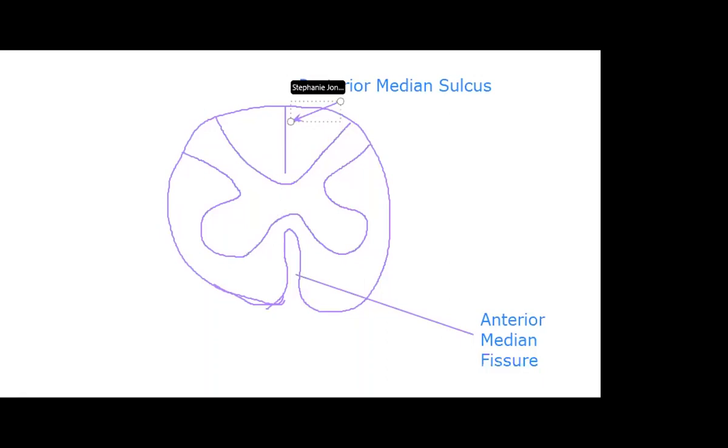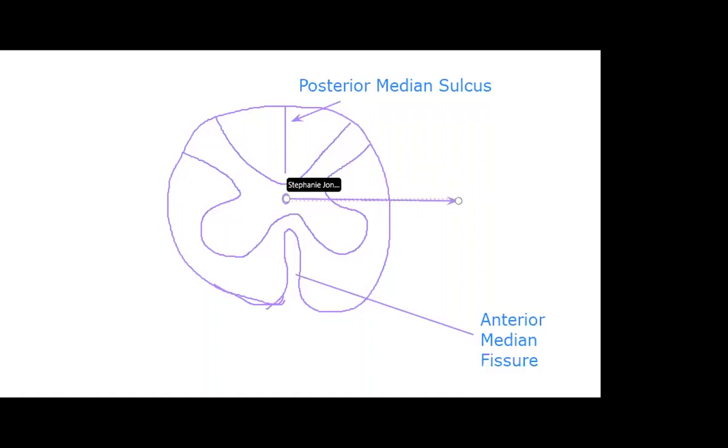Okay. Then we want to put a little circle right in the center of the butterfly. That little circle right in the center of the butterfly, you want to label that the central canal. Central canal. And anybody remember what flows within the central canal?